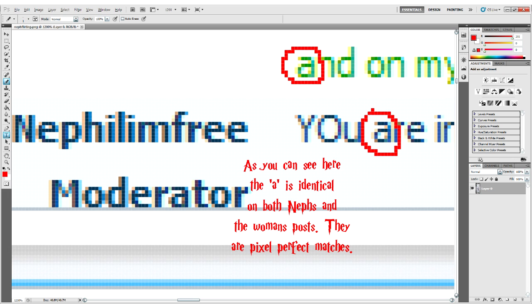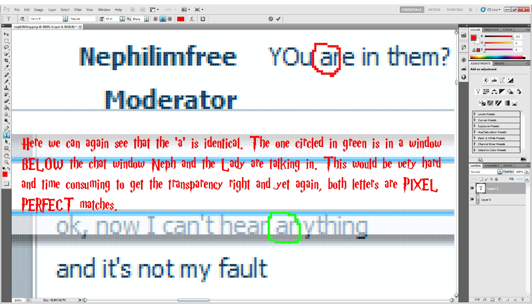Now if we move on to picture 2, and this is really the more telling of the two pictures. Again, we're looking at the top here, circled in red, is Nephilimfree's text, where you have the A in R. And down at the bottom here, circled in green, you have another A, but this A is in a chat window that is below the one Nephilimfree is chatting in.